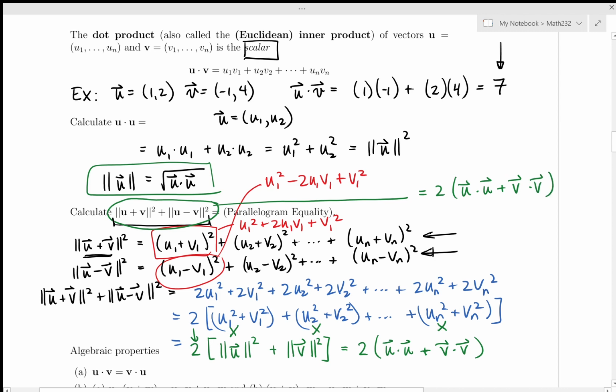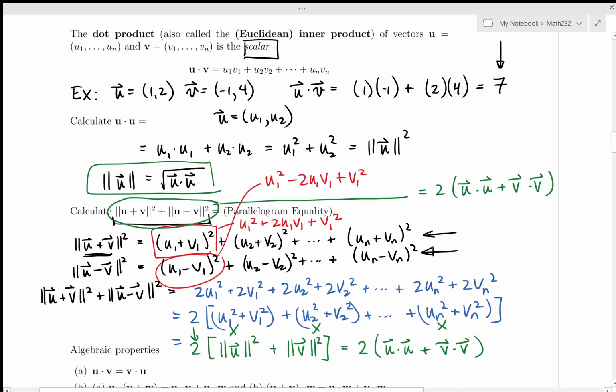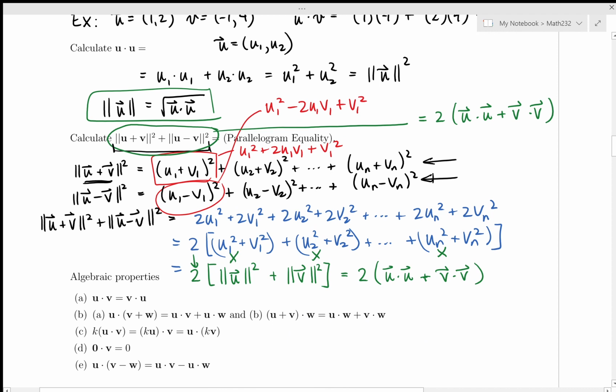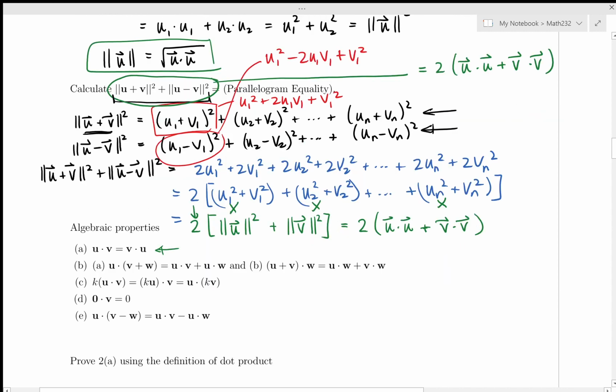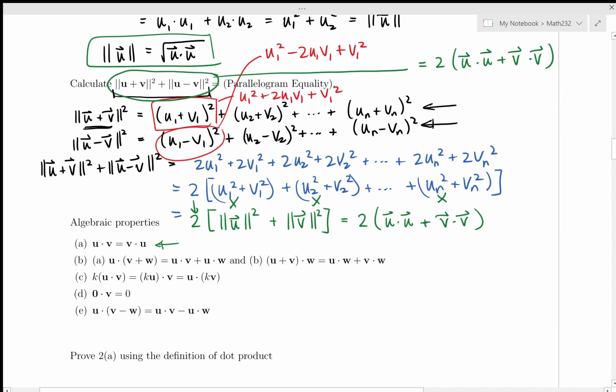Okay. All right, so there are some algebraic properties here of the dot product. The first one here, it doesn't matter which order we do it in, it's commutative. We have here left and right distribution.